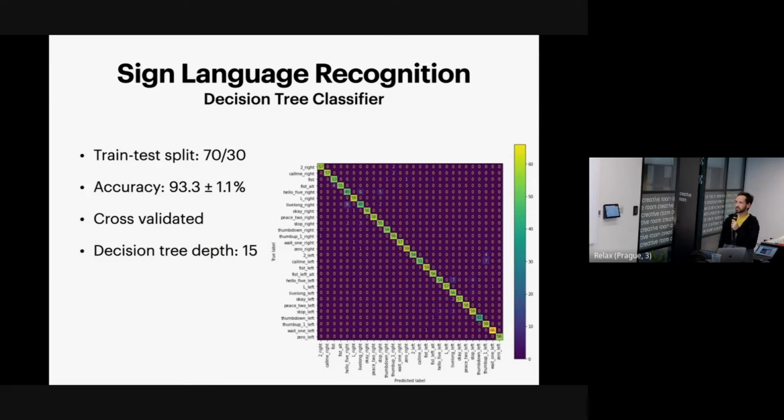So I took the dataset, as I told you, 200 images each, and did some cleaning of that, cross-validation, and the final model had decision tree depth 15, which means that there were splits.